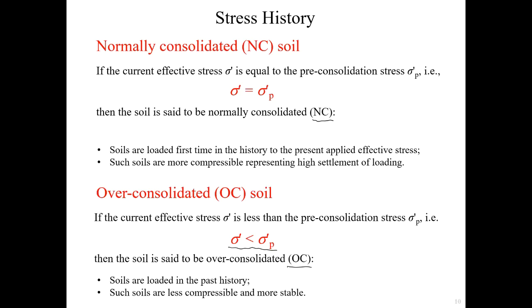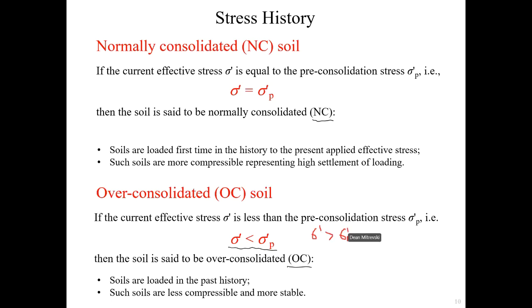So here we have to be aware of the definition of normally consolidated soil and over-consolidated soil. Can we have this relationship if the current stress is greater than the pre-consolidation stress?